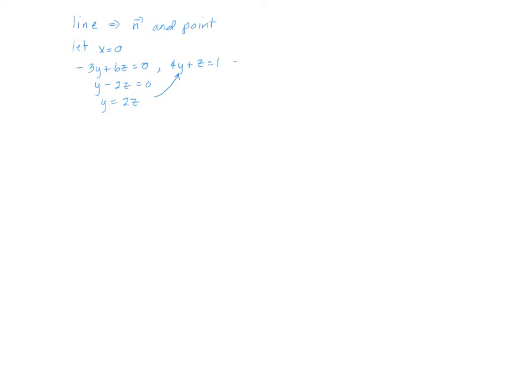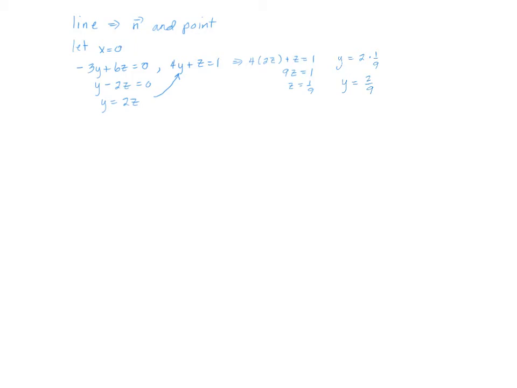That would give me 4 times 2z plus z is equal to 1. So 8z plus 1z, I have 9z is equal to 1. It looks like z is equal to 1 over 9, which is fine. Plugging that back into my y value of 2z, I have y is equal to 2 times 1 over 9, so y is equal to 2 over 9.